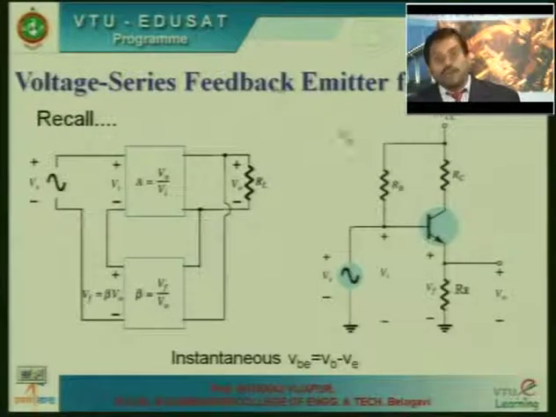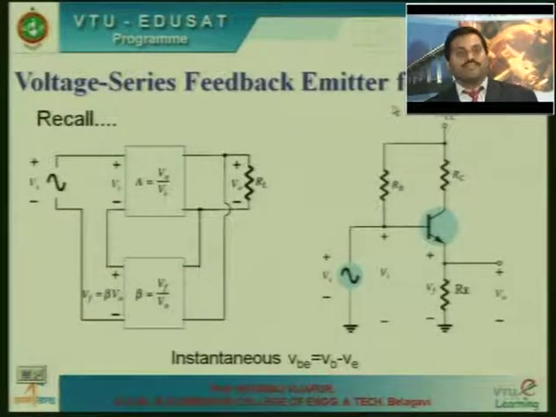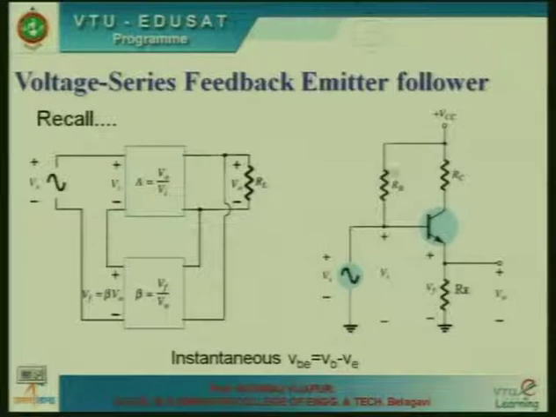Now, coming to common collector configuration. This is an example of common collector configuration. You have an input voltage Vs being applied to the base. Here, collector is made common with respect to VCC, the collector is connected to VCC, and the output is taken from the emitter terminal.